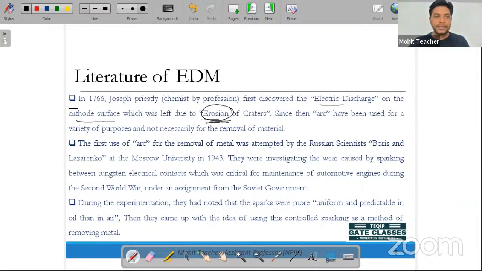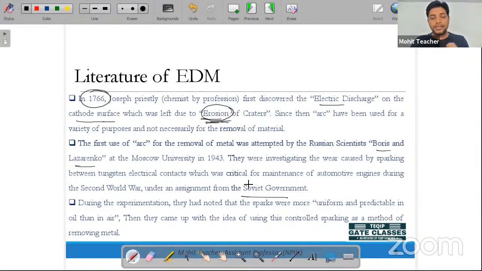Then this happened in 1766, but after 180 or 190 years, two scientists from Moscow University, Boris and Lazarenko, received an assignment from the Soviet government after the Second World War.